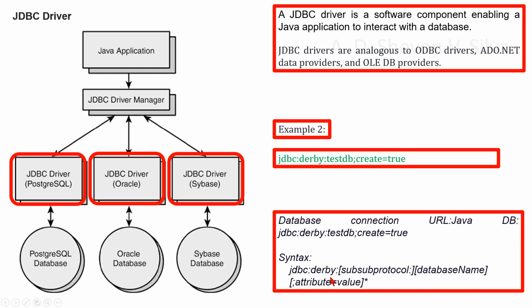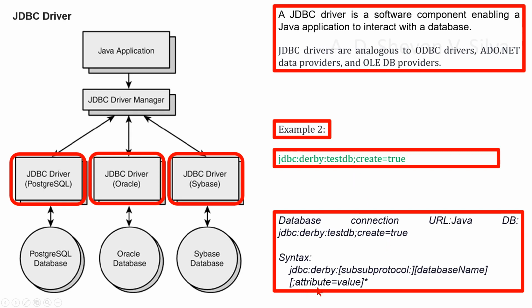Here the subprotocol is specified, where the Java DB should search for the database: either in a directory, in memory, in a class path, or in a jar file. It is typically omitted. Database name is the name of the database to connect to.